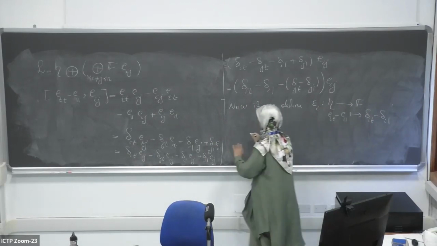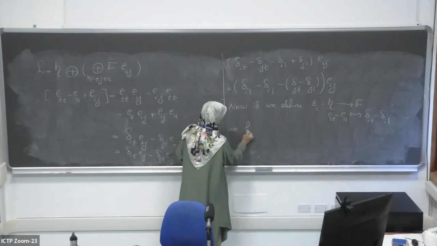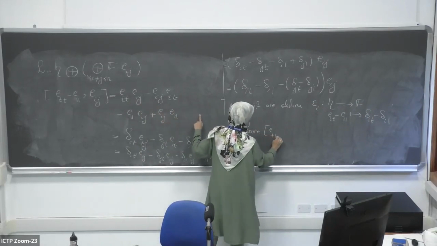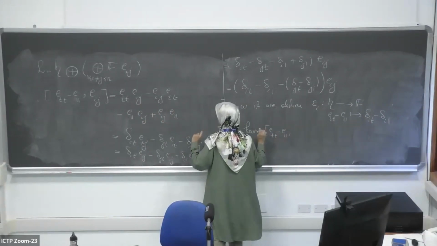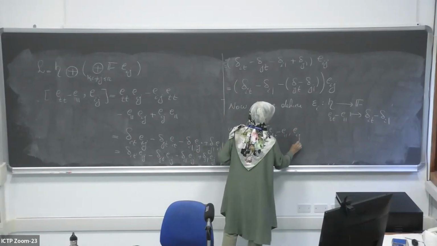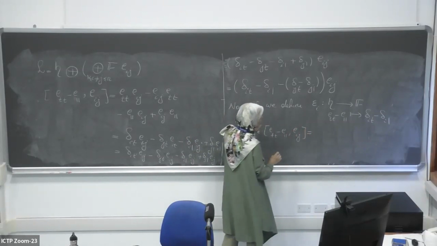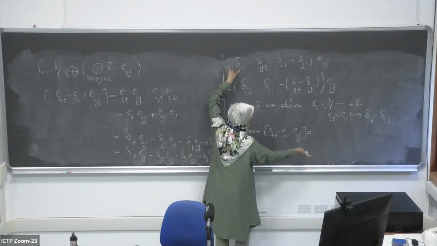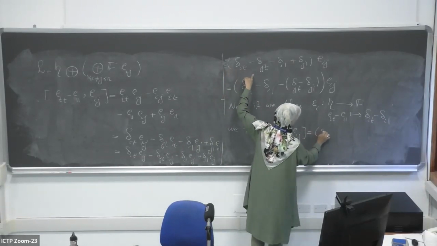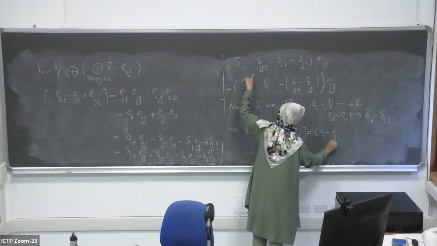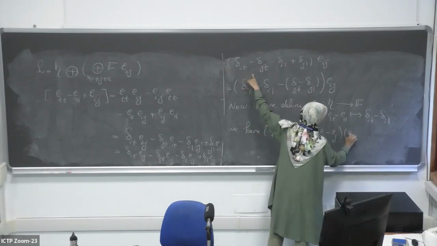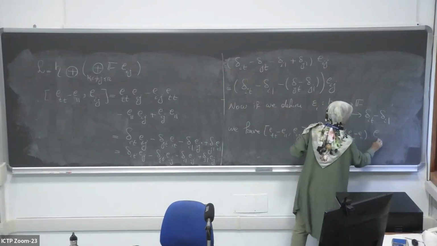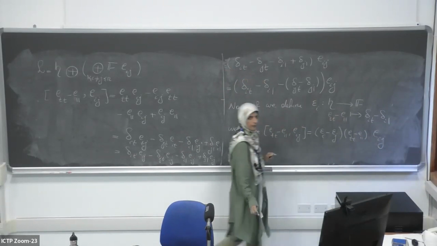We have the bracket of E_tt minus E_11 and E_ij equals, instead of this, I can put it using this epsilon_i. What is this? It is (epsilon_i minus epsilon_j)(E_tt minus E_11) E_ij, right?